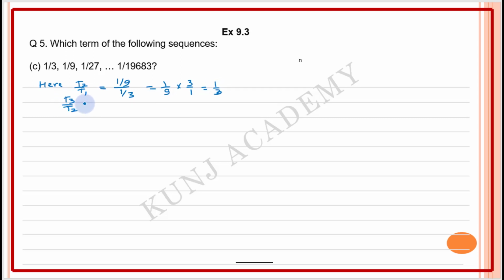T3 upon T2 is 1 by 27 upon 1 by 9, which is 1 by 27 into 9 by 1, equal to 1 by 3. These two are equal. Since T2 upon T1 is equal to T3 upon T2, therefore it is GP.